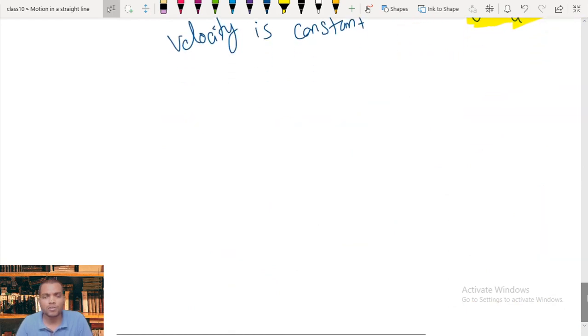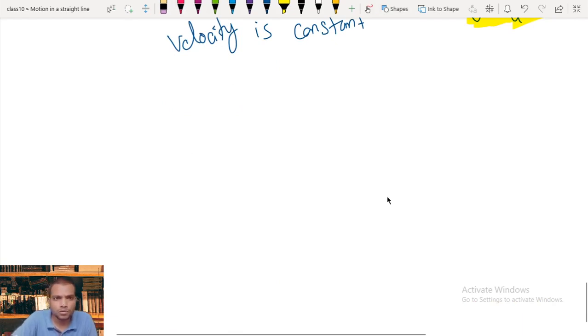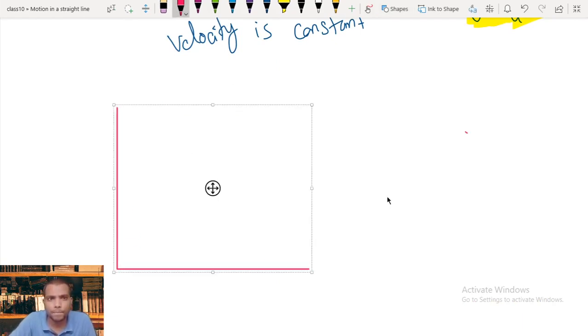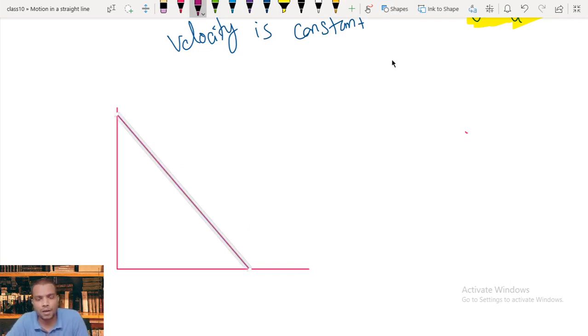Now what about non-uniform motion? Before non-uniform motion, I would like you to think, suppose this is my position versus time graph, with a little change. This is my position versus time graph, x versus t.